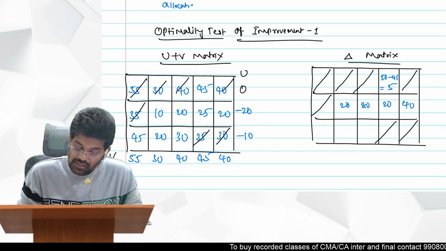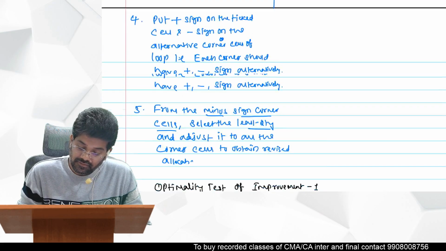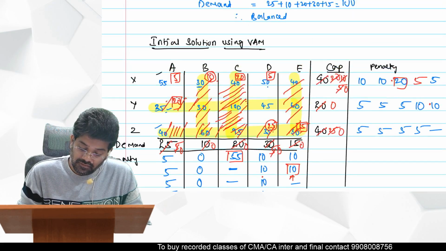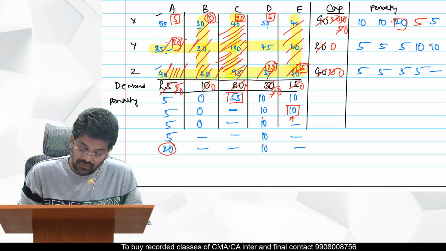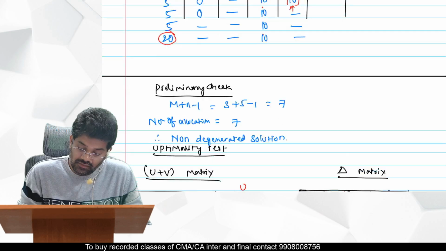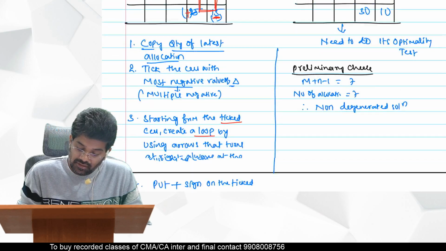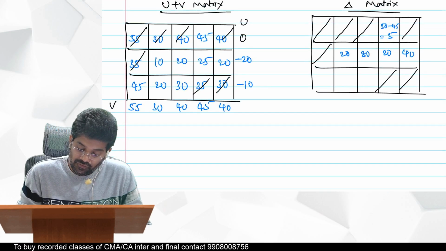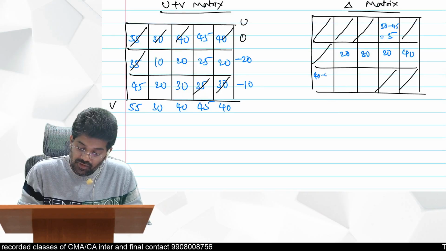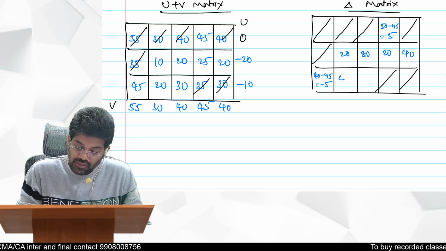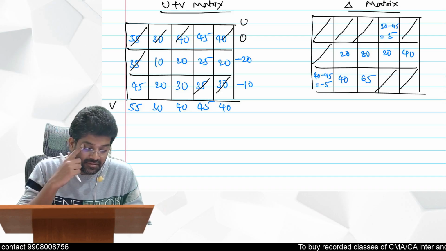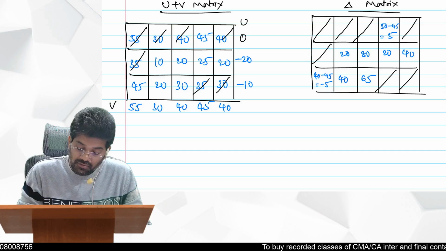Next this one, original is 40 minus we got 45, 40 minus 45 is minus 5 we are getting. This one is 40, this one is 65. So again we got negative. So not an optimum solution.